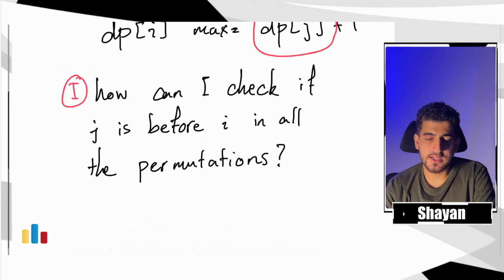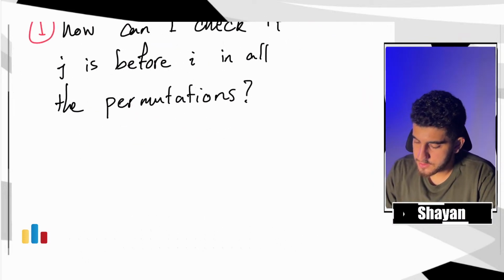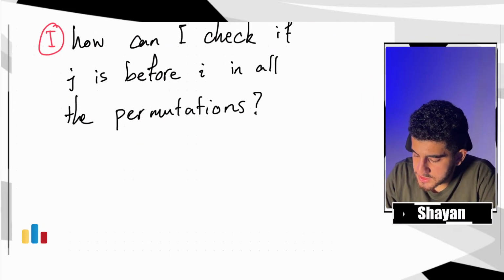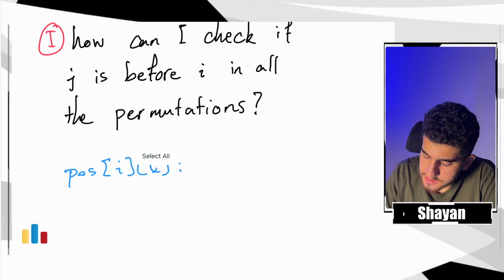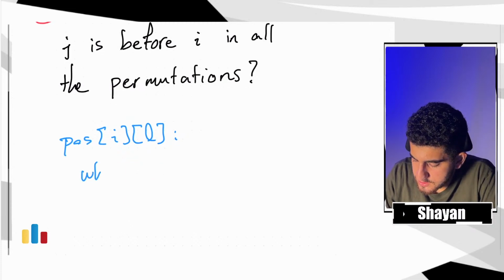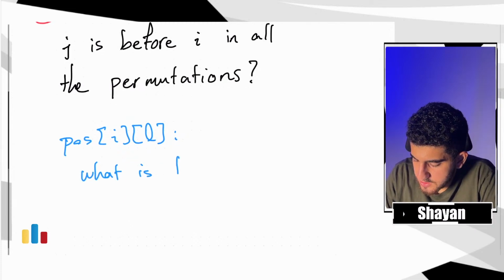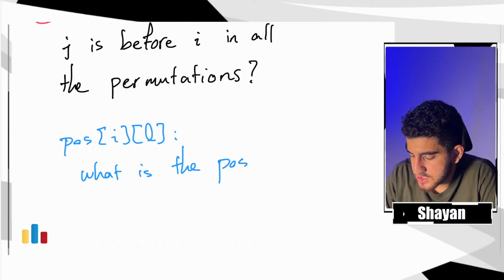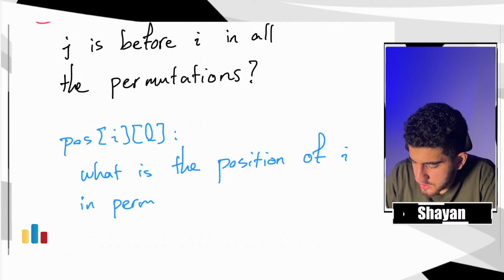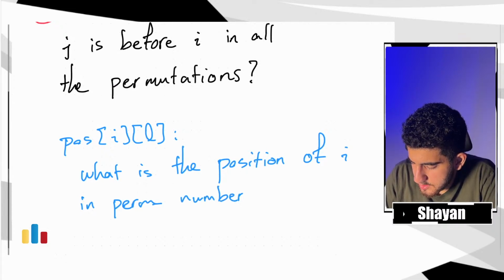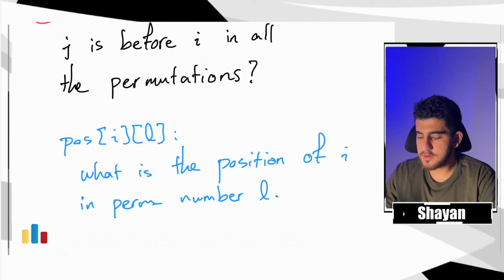For example, I can keep pos of I and L, which says what the position of I is in permutation number L. I can find that easily.